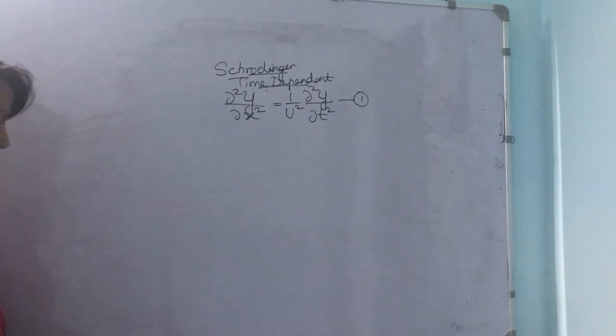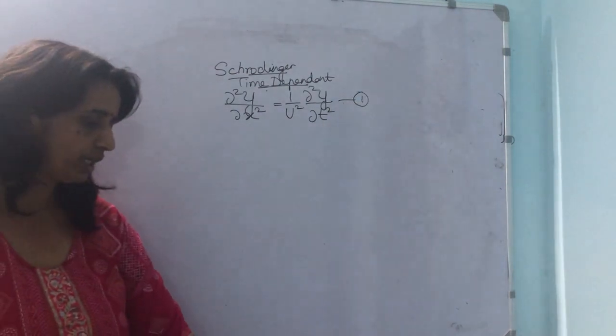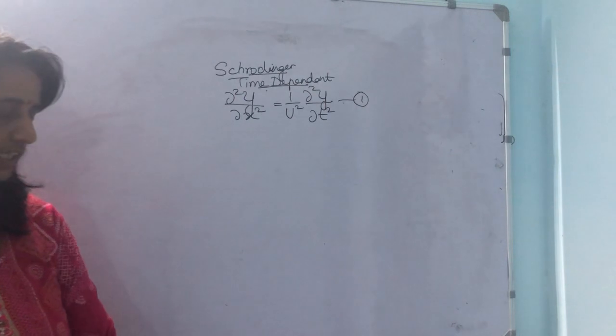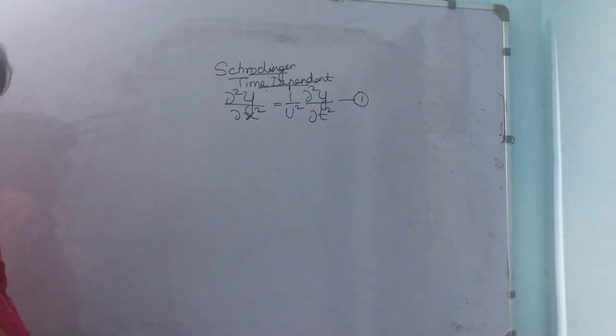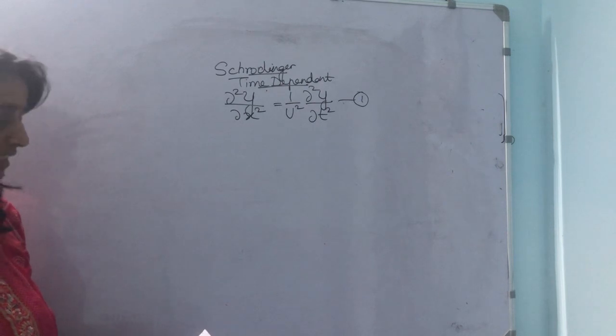This is the general wave equation. Now we are going to simplify this in order to obtain the Schrodinger wave equation, which is time dependent.